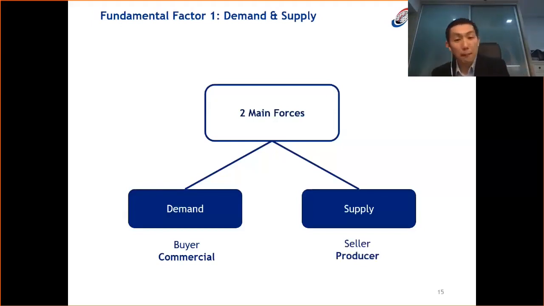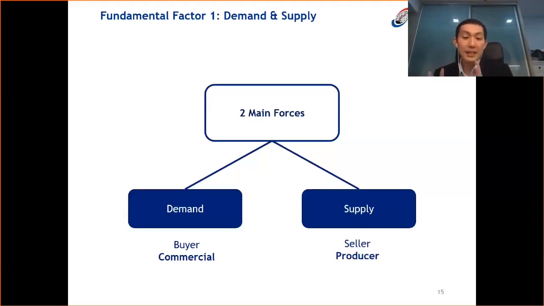Whereas the supply section, which we know is the sellers, are those producers. Those who extract palm oil, these producers, usually have oil palm plantations as well. Their business is to extract CPO from the fruit, and then they sell this CPO in the market.